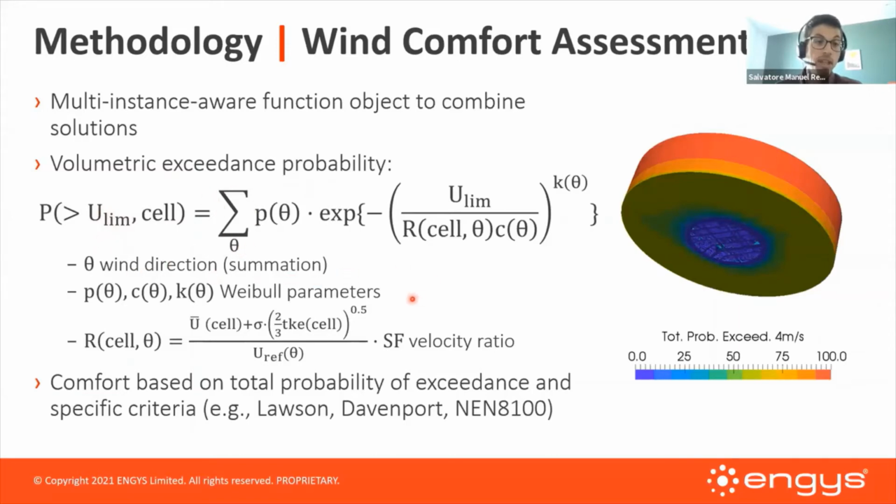P, C, and K are variable distribution parameters, and R is the so-called speed ratio, the ratio between the local velocity and the reference velocity. There is some correction in this formula or in other forms, which takes into account turbulent gust winds. Different comfort criteria can be chosen, like Lawson, Davenport, and NEN 8100.